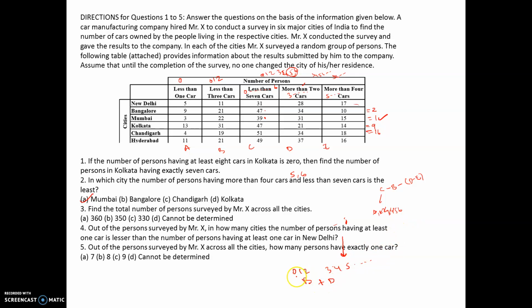But I need to talk about at least one, so I'll have to subtract the 0 cars. So I'll subtract the first column, that is B plus D minus A. So this is exactly what we have to do for each and every city and compare with New Delhi. So B plus D minus A, remember this, I am just removing the zero-car column.